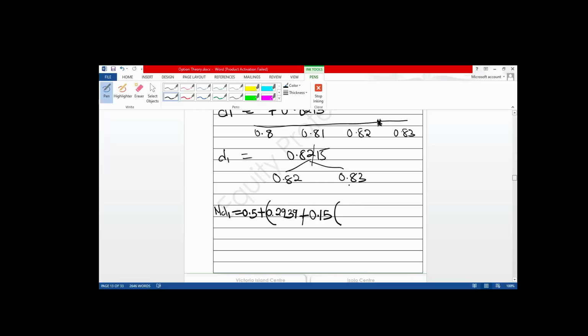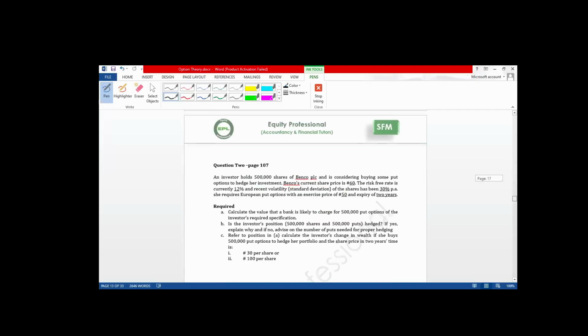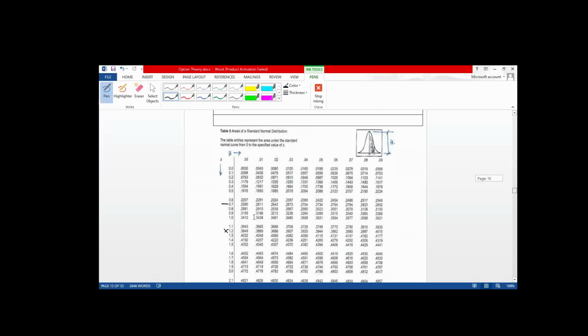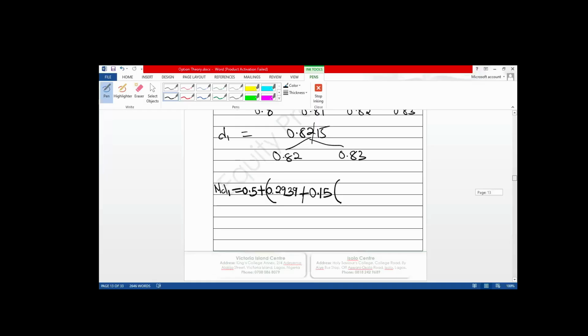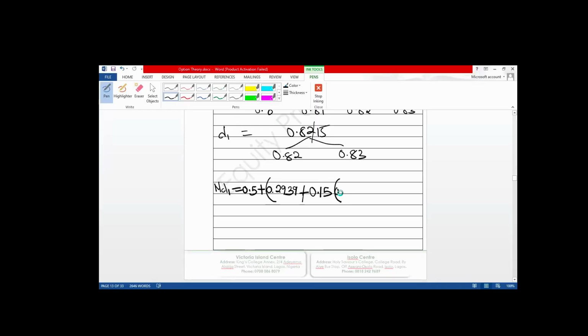Now go check 0.8 raised to 3 on your table. Look at 3 here. 0.8 to 3 is 0.2967.